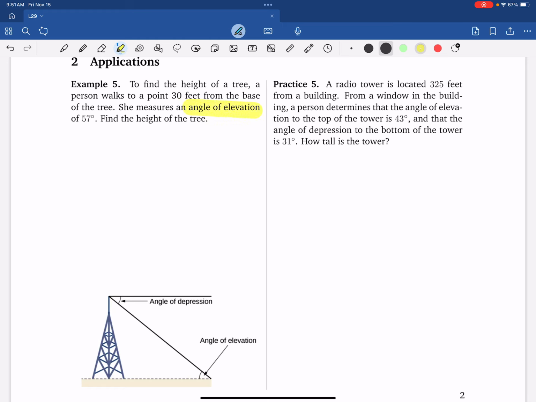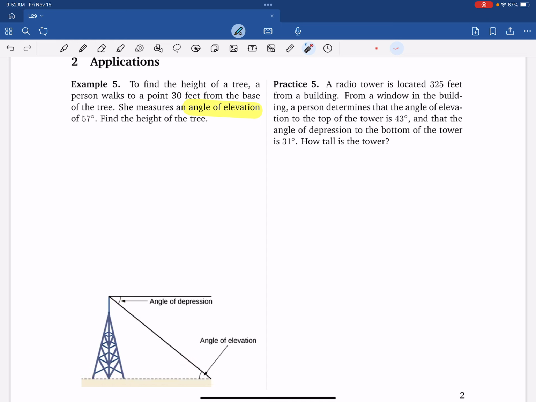It's basically looking at an object from where you stand and you're looking up, and the angle between how you look up and the ground is defined as the angle of elevation.